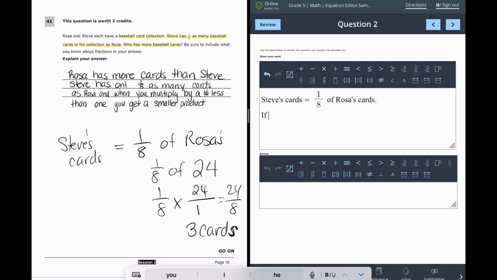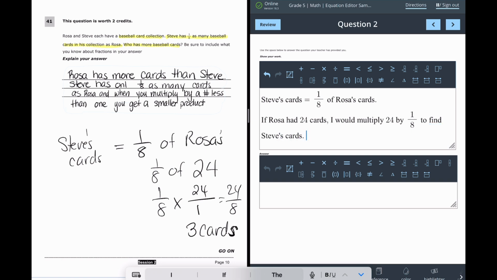If Rosa had 24 cards, I would multiply 24 by 1/8 to find Steve's cards.